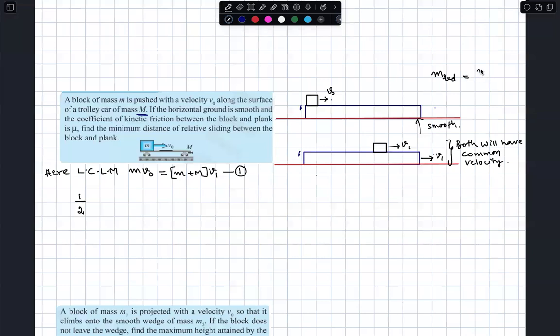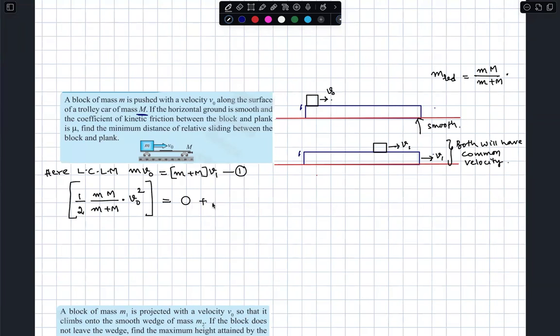Reduced mass is nothing but small m capital M by small m plus capital M. So in the C frame of reference, this is half of small m capital M by small m plus capital M times V naught square. This is the initial kinetic energy of the system. Remember, I am applying the law of conservation of energy in the C frame of reference. Finally, when they both have a common velocity, the kinetic energy is 0.